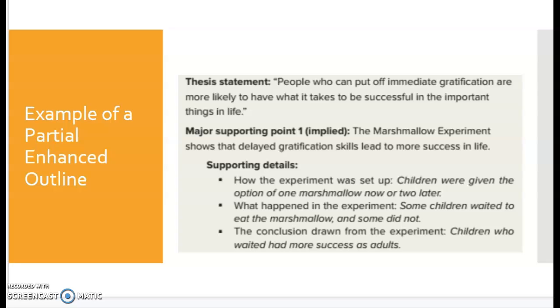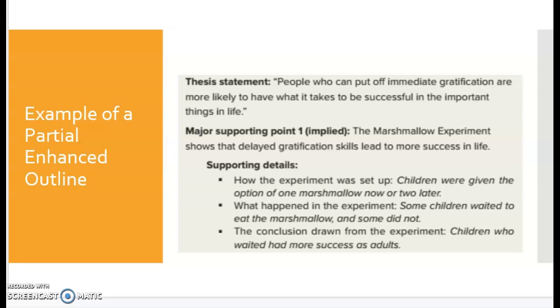Once you do that, you will turn it into an outline. Okay? So you'll find the thesis statement, what the article is, main idea, I'm sorry, it should say main idea, and then the major supporting details.